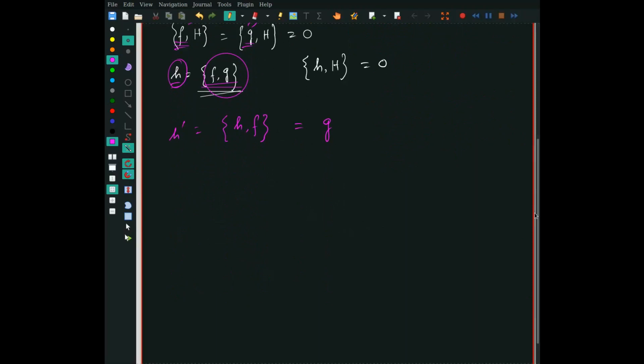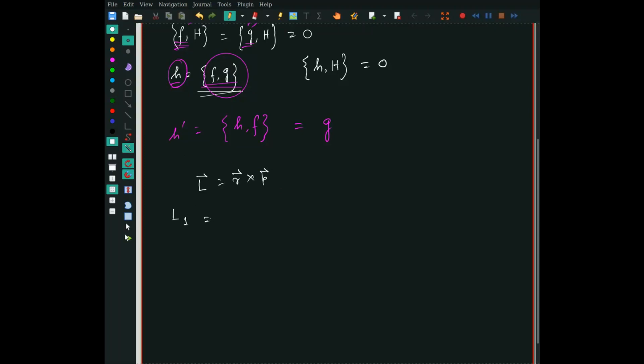Now there is a homework problem. So how do I see these kind of things? There is a homework problem in your homework number 5, so you should do that. So what I did is that I defined the angular momentum as r cross p. So that means you can write down the components of the angular momentum.